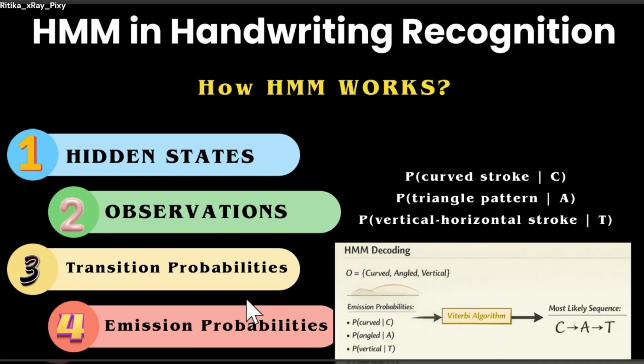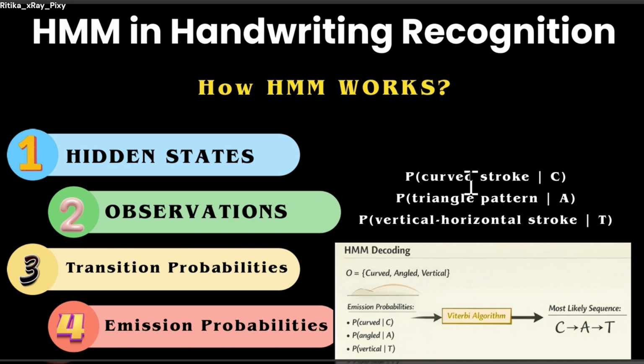Step 4 we have the emission probability. In step 3 we had the transition probability, which helps to maintain the logical order. The next step is the emission probabilities.